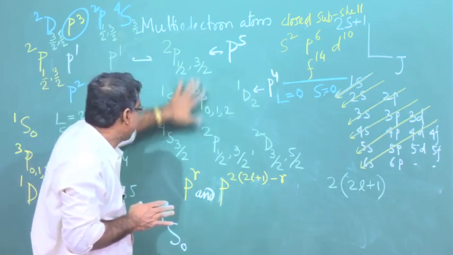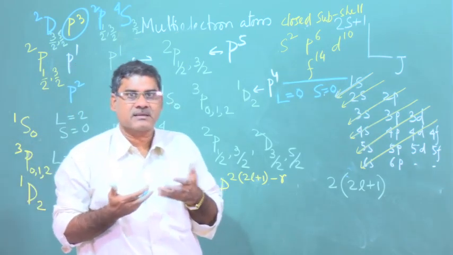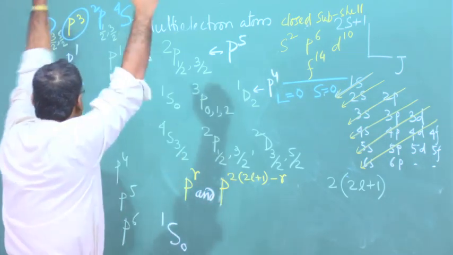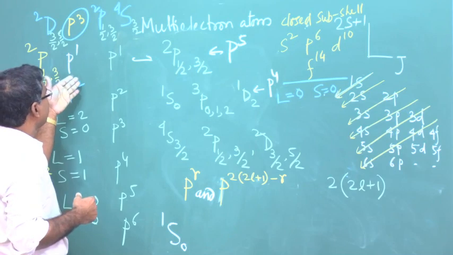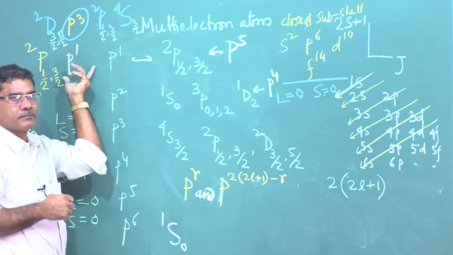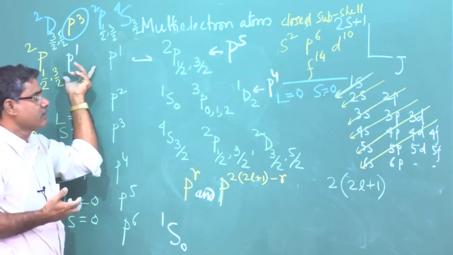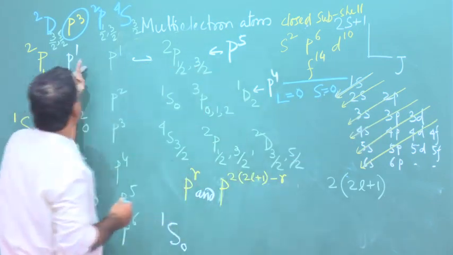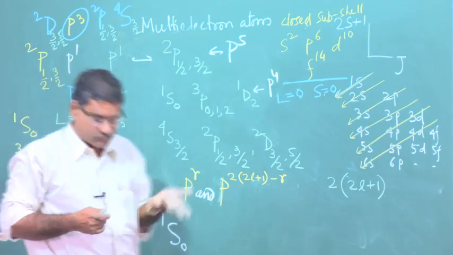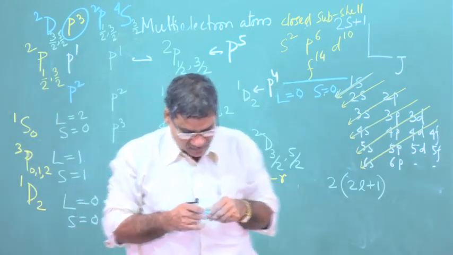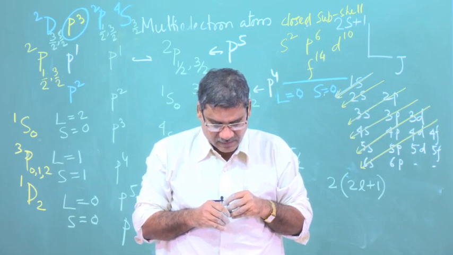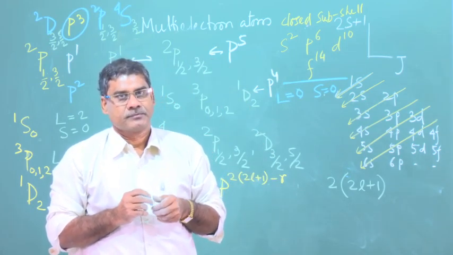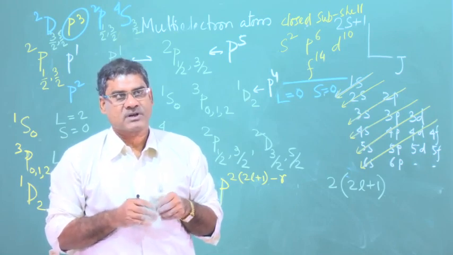Now, whatever data I have here, if we try to find out for a P1 electron in the ground configuration, it may be an atom like lithium, alkali atom, sodium atom, potassium atom.